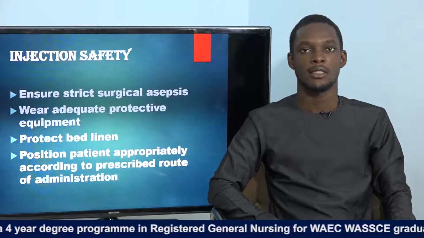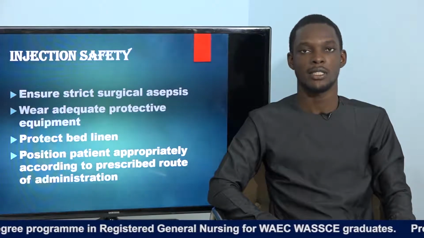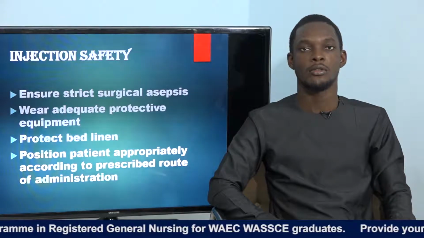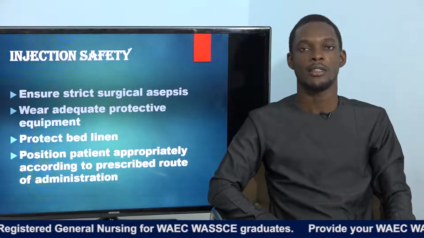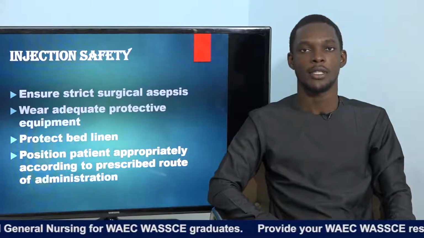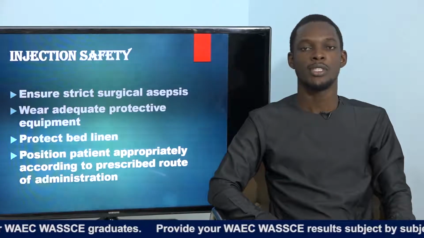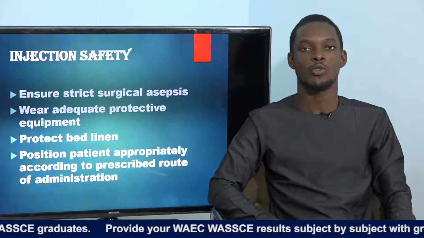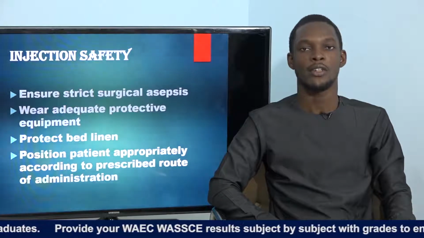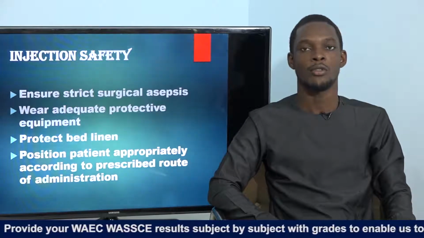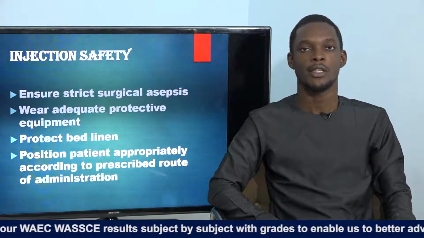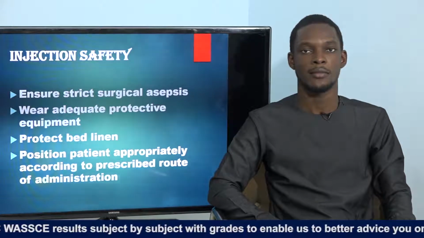IV injections are intravenous injections. They usually go straight into the vein of the human being. It is therefore necessary that you put in measures to ensure that no bacteria or infection enters through the puncture hole created by the injection.